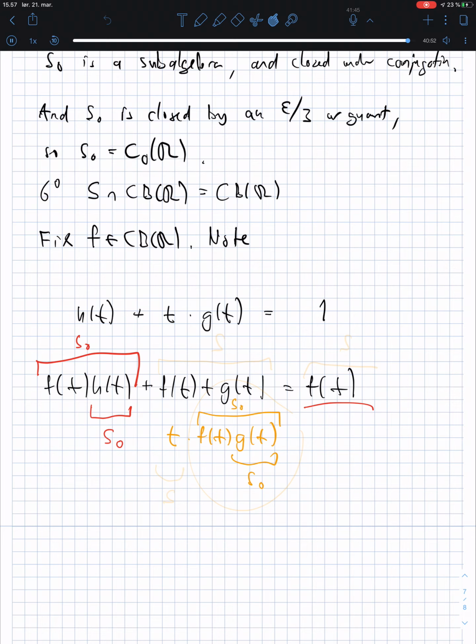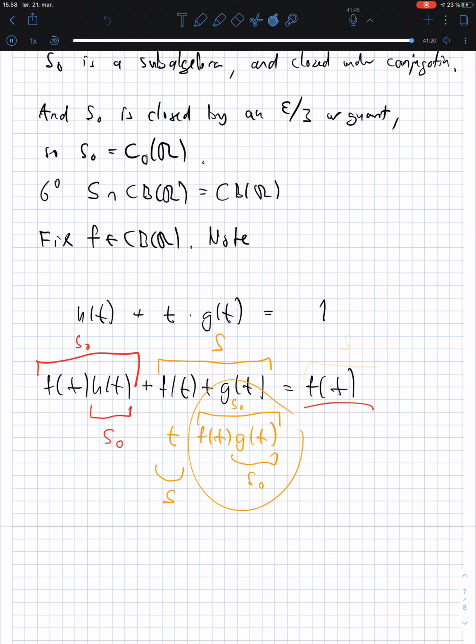Right? So this is now a function that vanishes at infinity. It's continuous, hence it lies in S naught. And I do know that t, of course, is not in S naught. It doesn't vanish at infinity, but at least it's in S. And then I've proved that the product of two things that lie in S also lies in S, provided I know one of them is bounded, and of course this one is bounded. So this lies in S.